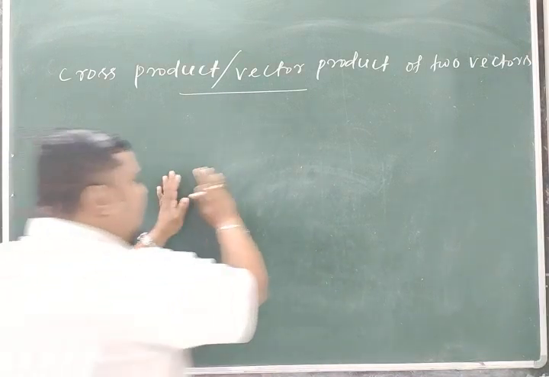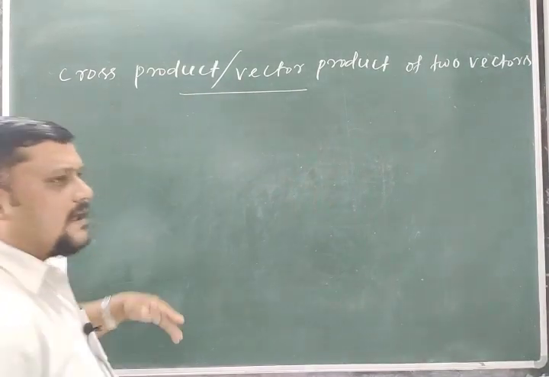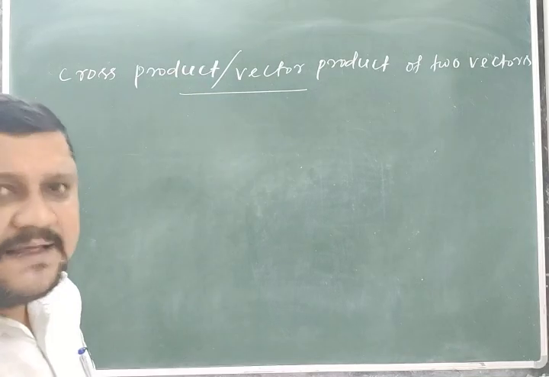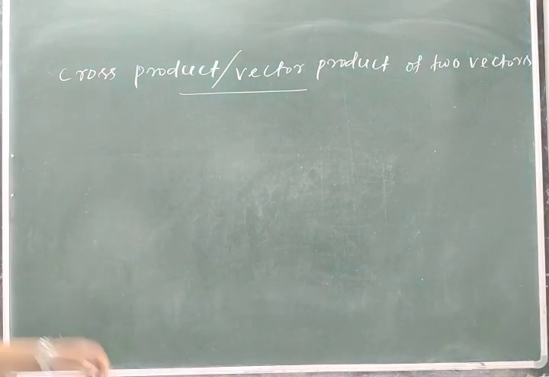this cross product, and what is this vector C, what is its magnitude and direction. If you go for the definition of the cross product, or the vector product, what is that?